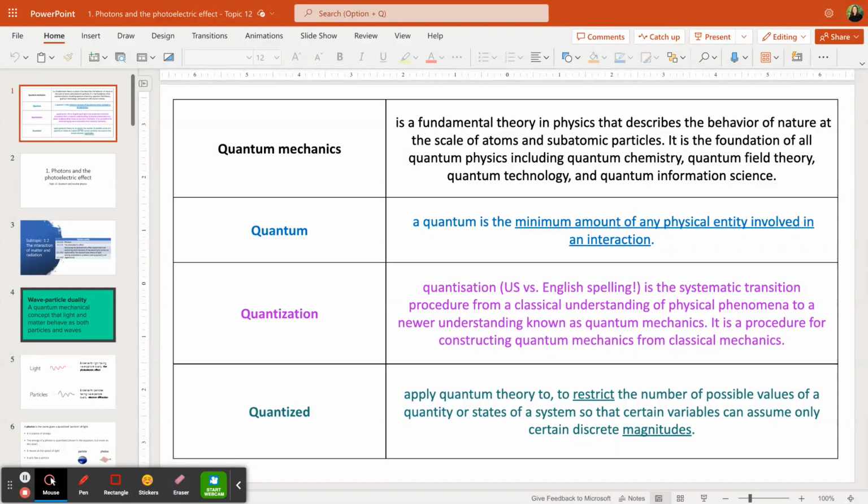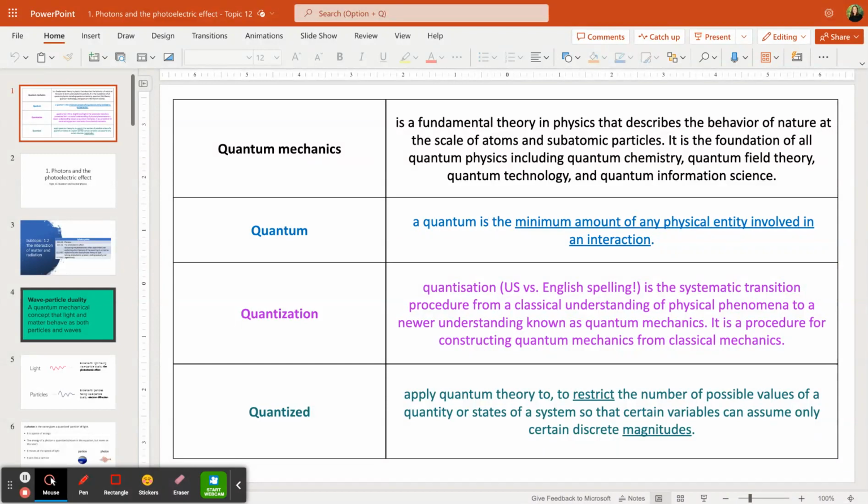So everything that we talk about in this topic only works, and the equations and laws only apply, on the microscopic scale. You can't apply these theories and equations to day-to-day life. They just don't fit. It explains how things behave at a very small scale, but it doesn't scale up.